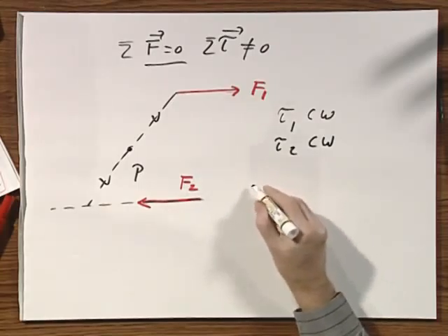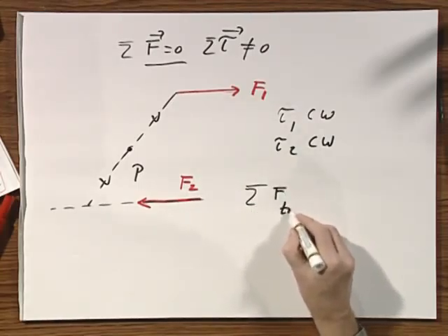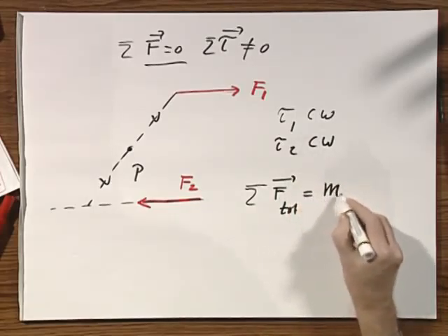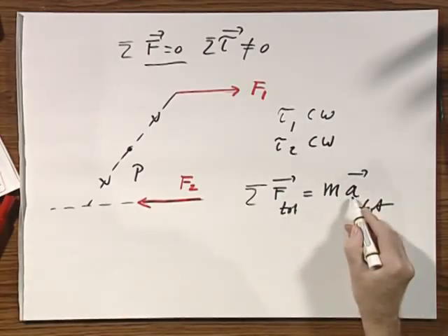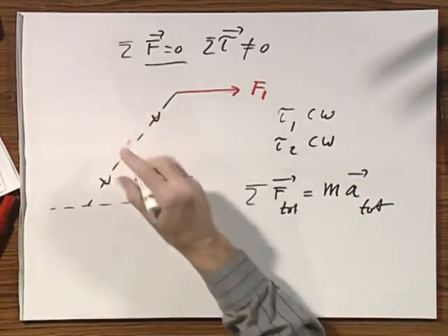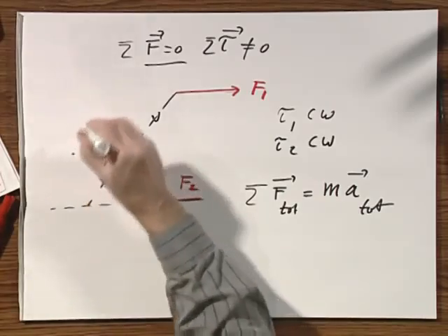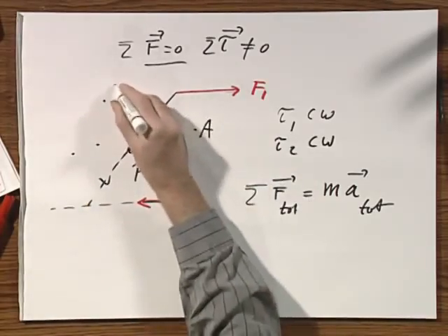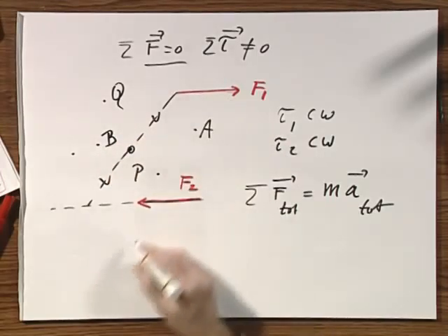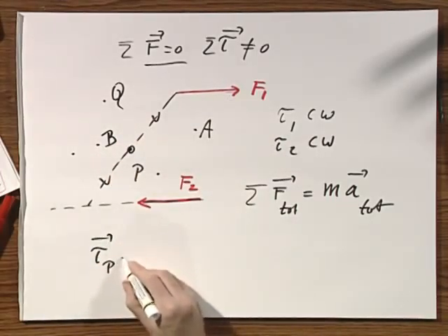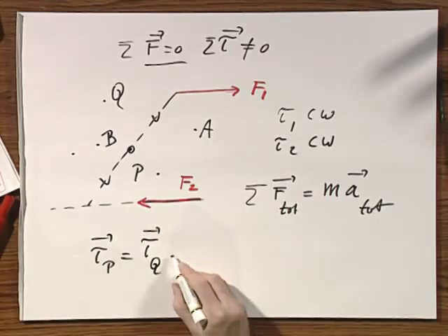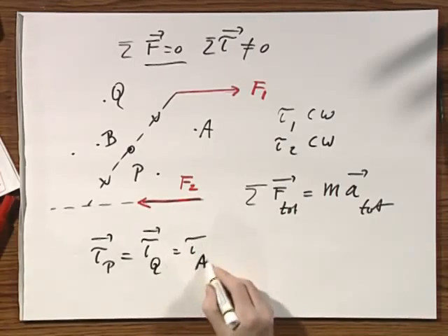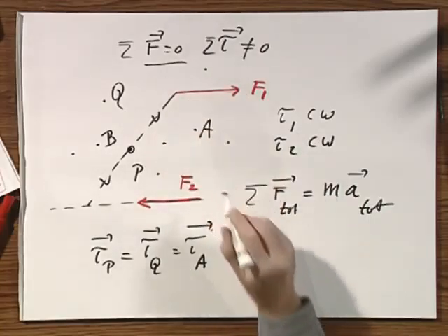And so you see, according to Newton's law, which says that the sum of all forces equals m times a, well, this is 0, so there is no acceleration. So it's only going to rotate, but it's not going to translate. In this specific case, no matter where you choose a point A, or Q, or B, this is a very special case, you can easily prove that the torque relative to point P is exactly the same as the torque relative to point Q, is exactly the same as the torque relative to point A, no matter where you put them.